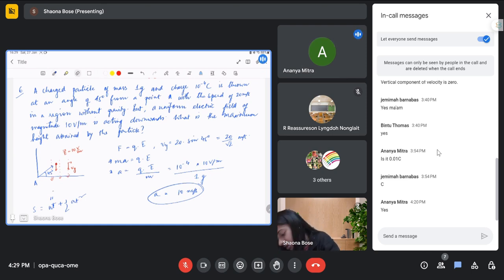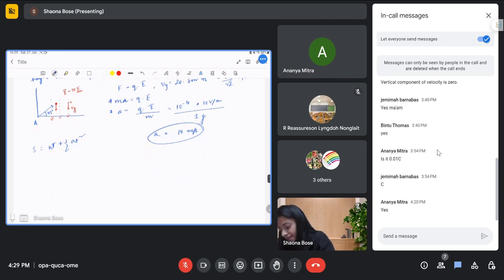Okay, wait, let me write it nicely for the others. So what will be the maximum height?